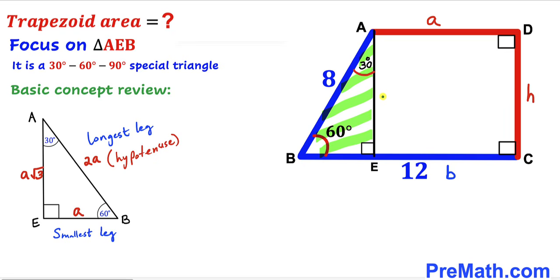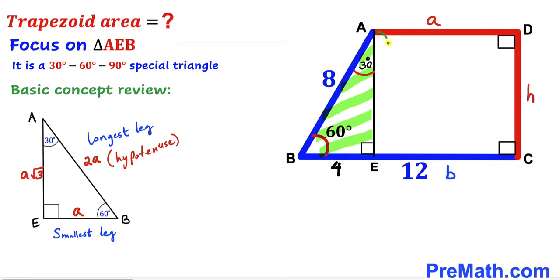Now let's revert our attention back to our given problem. Here BE is our smallest leg, whereas the hypotenuse AB is our longest leg. Since our longest leg is 8 units, the smallest leg BE is going to be half of that, which is 4 units.